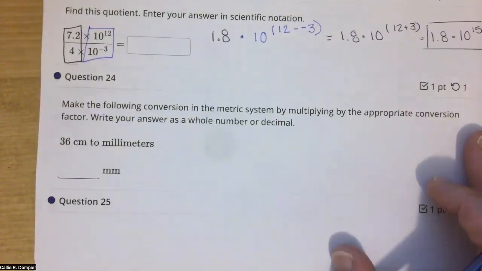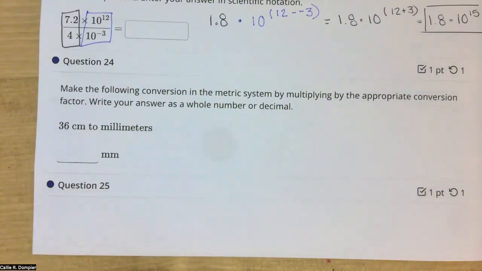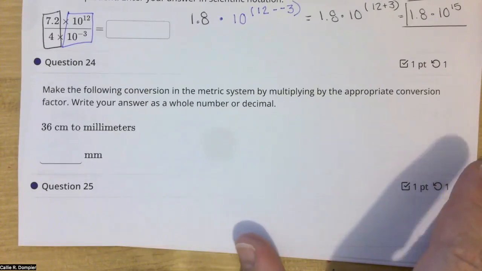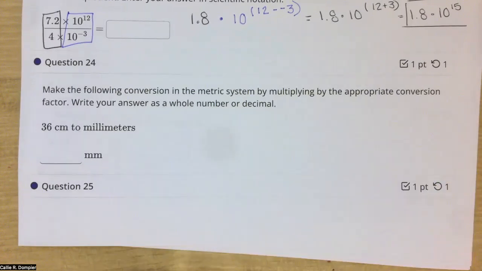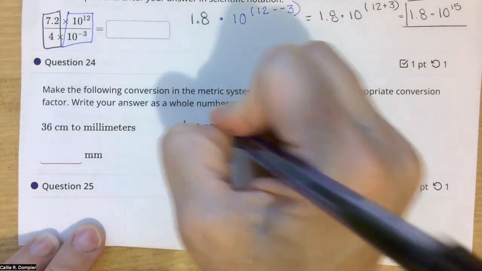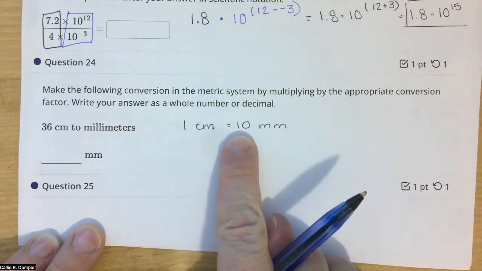Make the following conversion in the metric system by multiplying by the appropriate conversion factor and write as a whole number or decimal. Okay, so to get from centimeters to millimeters, what's the difference? 1 centimeter is 10 millimeters, right?